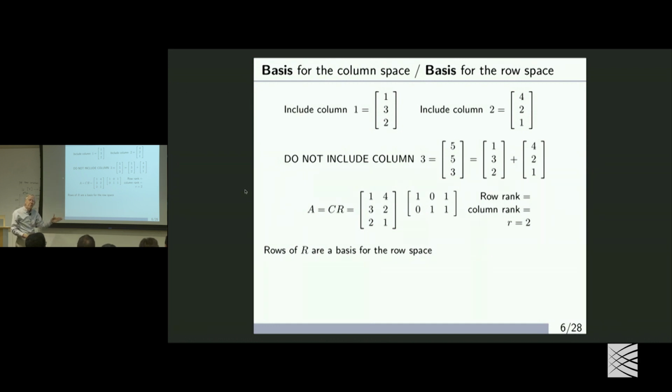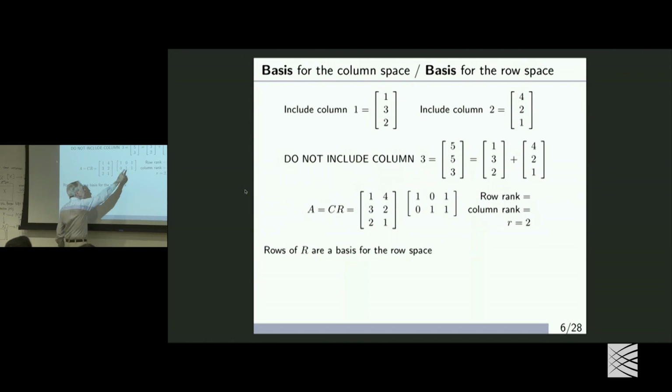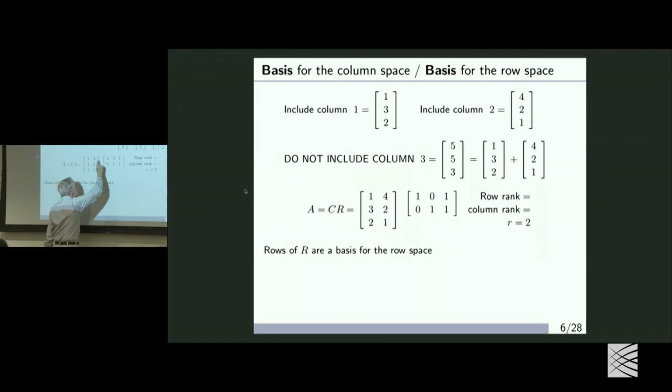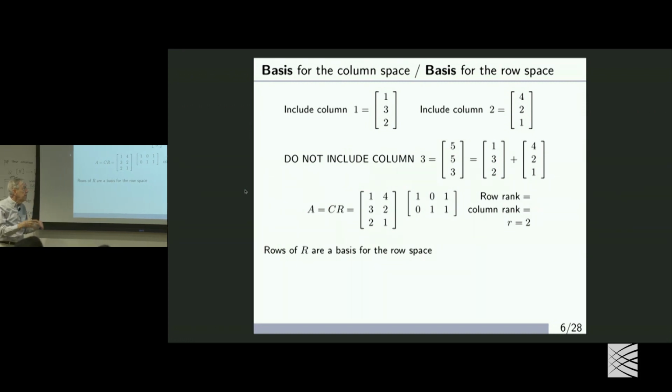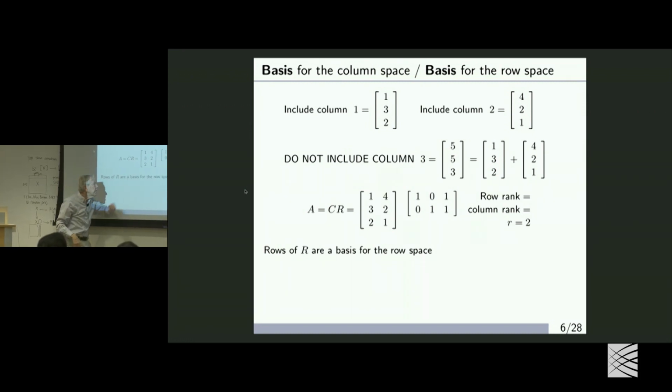What was column 2 of my matrix? It was 4, 2, 1. So I take nothing of the first plus 1 of the second. That's the 4, 2, 1. All good. The point was that the third column is 1 of that column plus 1 of that column, so we didn't include that third column in C.